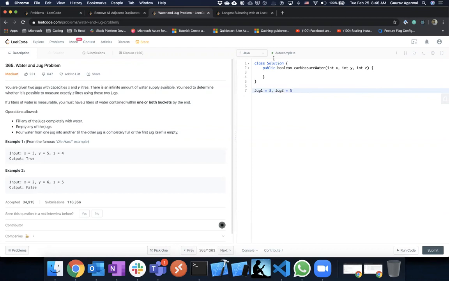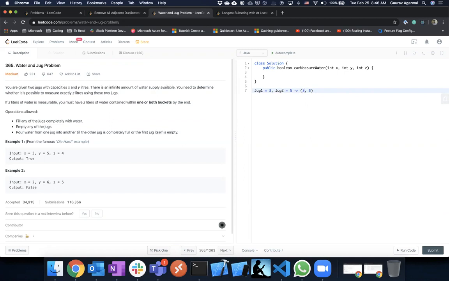Let me repeat that. Thanks, Sonia. The jugs that we have are a jug of size 3 and a jug of size 5. Let's denote them as a pair, which should be easy to understand: the first element is jug 1, the second element is jug 2.